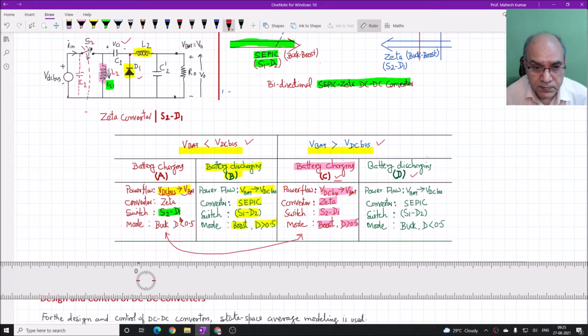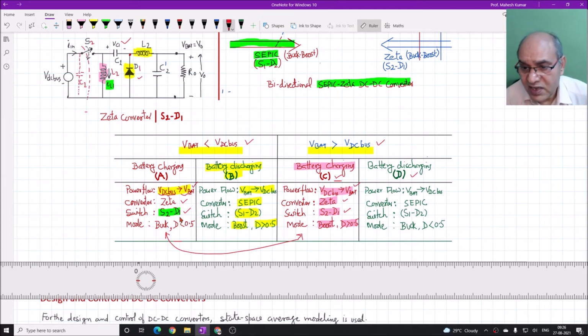So this is the same for both cases. And this is also the same, since from the DC bus side the topology is Zeta for the S2 D1 combination. So what differs is only the duty cycle, and that makes either buck or boost mode.